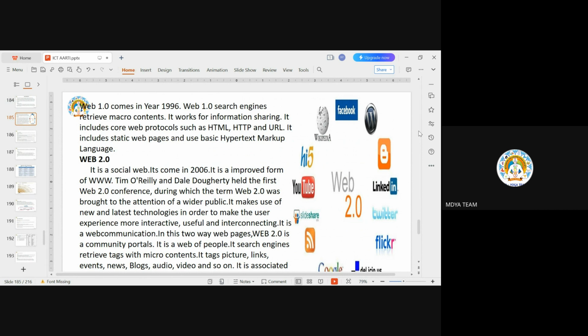It is a web of communication where we can communicate with other people, like Facebook, which is the way we can connect with other people. This is the main example of Web 2.0, Facebook. You can easily understand by the example of Facebook.